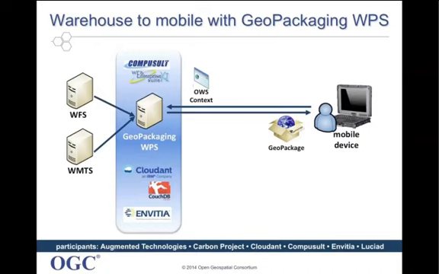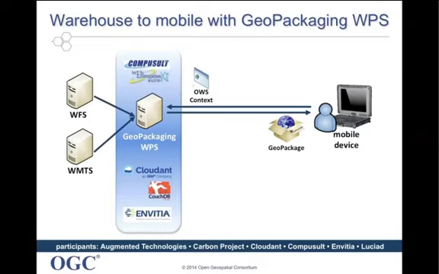And all we really did here, beyond the generic web processing service interface, is define a process called basically create GeoPackage, which gets initialized with an OWS context document. So like I said a few minutes ago, a context document really describes all the data underlying a map you're looking at, all the services powering it, whether it's web map service, web feature service, web tile service, and the extent that you're looking at.